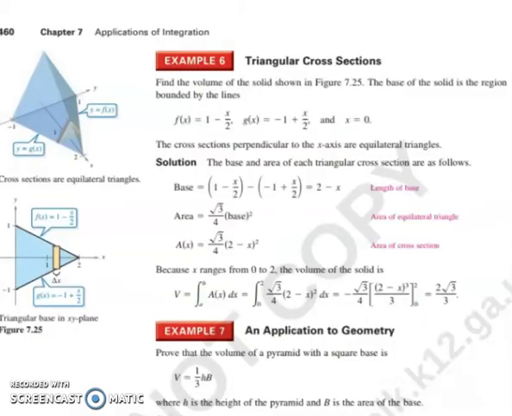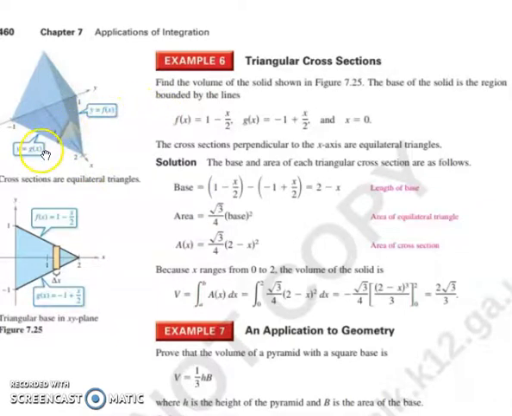Okay, folks, we're going to do 2 examples. Remember, this video can only go to 15 minutes, so I'm just not going to waste a lot of time. Example 6. Find the volume of the solid shown in the figure. Now notice the figure right here. There's 2 lines going this way. This is the x-axis, and it looks like there's a triangle here. See it, the cross section?